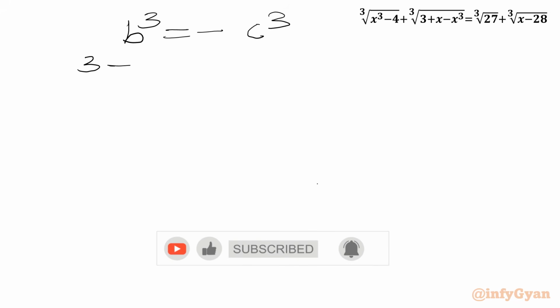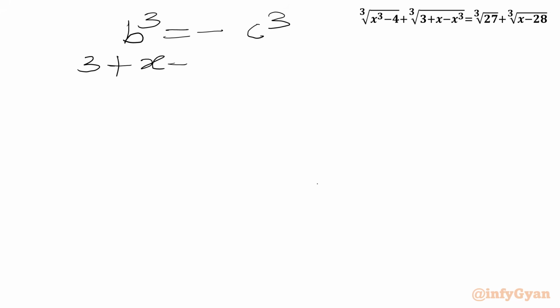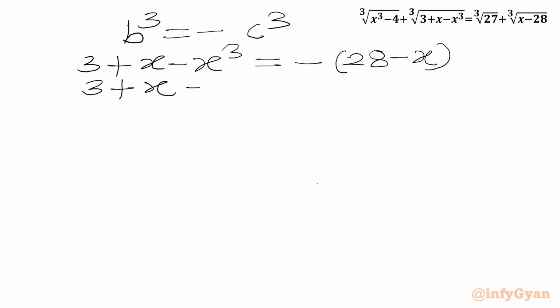B cube is 3 plus x minus x cube, minus of c cube is 28 minus x, or we can write 3 plus x minus x cube equal to x minus 28. Now we can subtract x from both the sides.